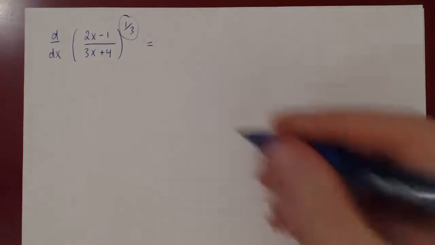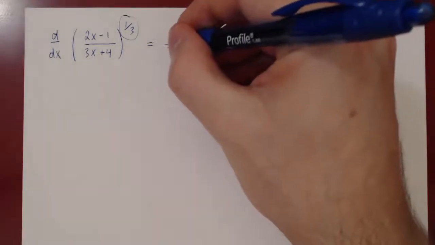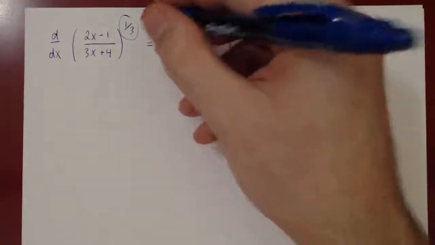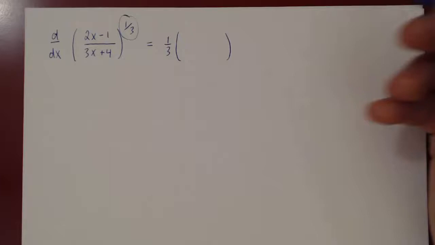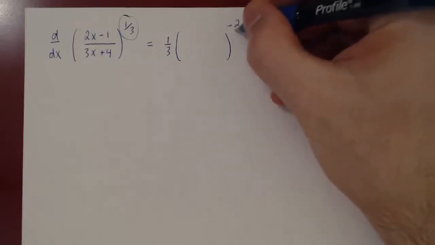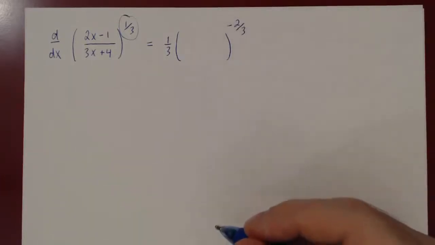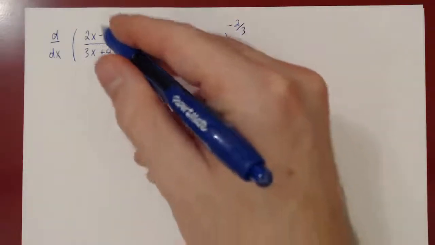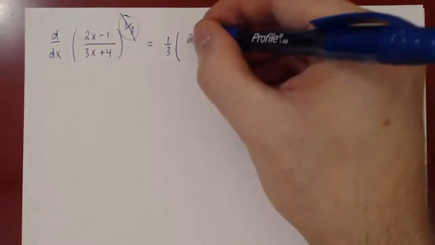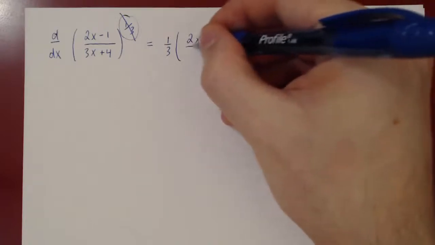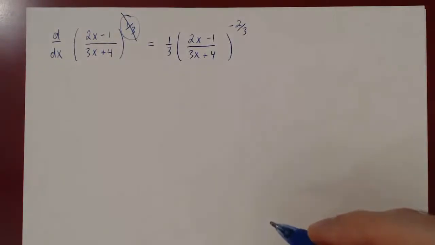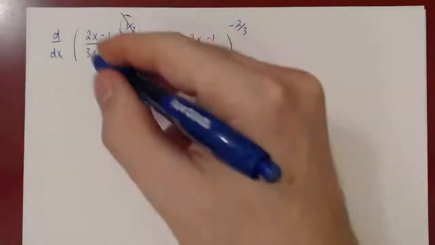We use the power rule, bring the exponent down, subtract 1 from the exponent. 1/3 minus 1 is negative 2/3. And it is the derivative of the outside function at what's inside, 2x minus 1 over 3x plus 4. But there's still something left over.